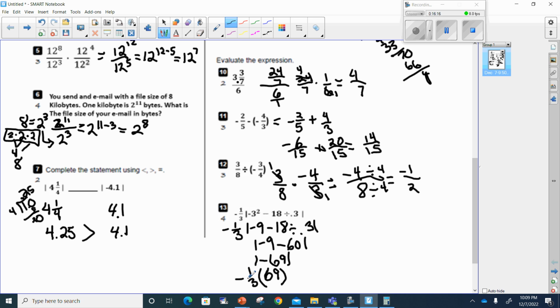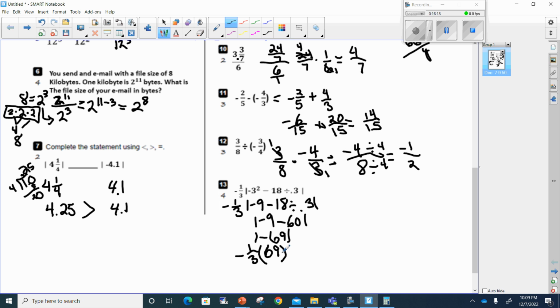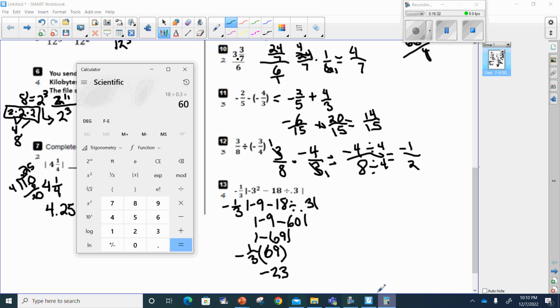Negative 1/3 is like dividing a number by 3. So this tells me 69 divided by 3 will give me 23, and that'll be a negative 23. All right, I'm just going to double check. 69 divided by 3 is 23. And a negative times a positive is a negative.